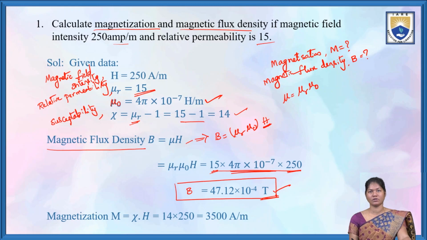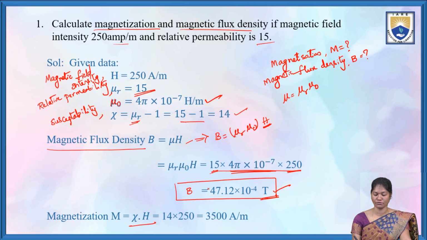And we need to calculate the magnetization value also. So we have the formula, magnetization M is equal to chi H. So chi is 14, which we calculated through the susceptibility formula mu r minus 1.